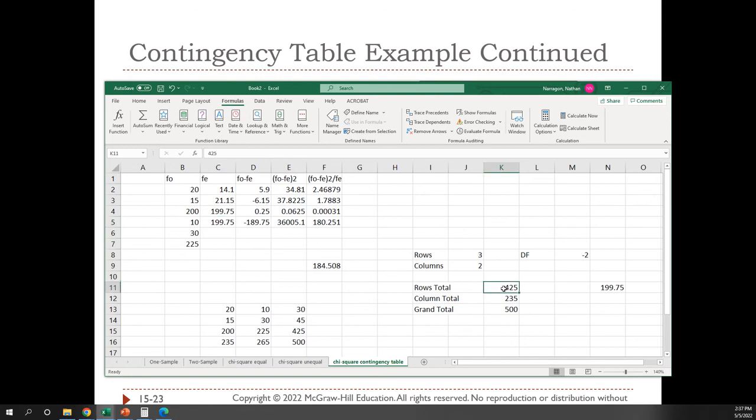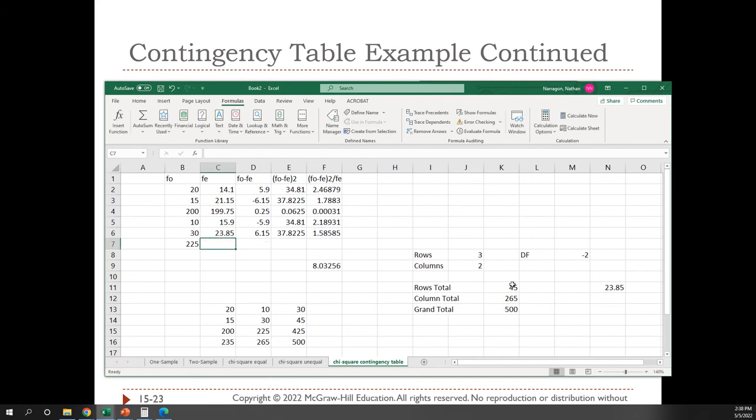Next, we're going to take the 30 again. 265 for its column. So that one is 15.9. Next is 45. So that's 23.85.